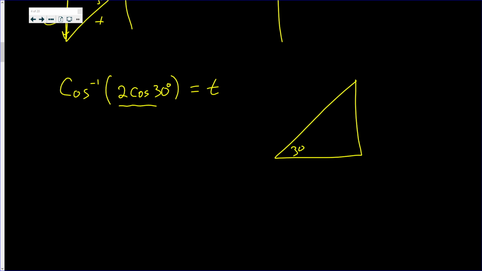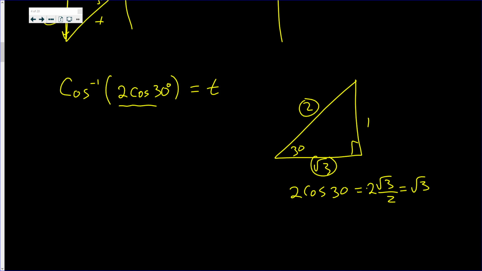Well, the cosine of 30 degrees, the triangle looks like that. So the cosine of 30 degrees is adjacent over hypotenuse. Well, 2 times it will be square root of 3.